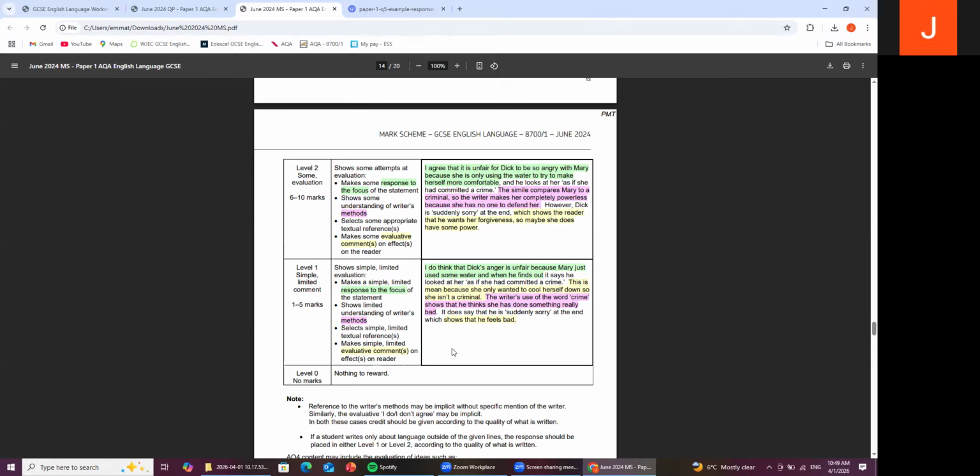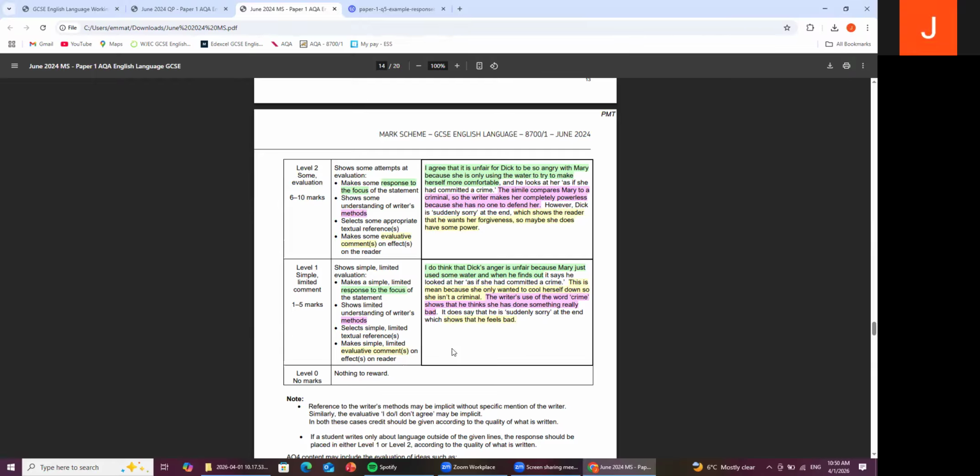So for a level 1 response, I will read: I do think that Dick's anger is unfair because Mary just used some water. And when he finds out, it says he looked at her as if she had committed a crime. So we've got a point and we've got some evidence. This is mean because she only wanted to cool herself down, so she isn't a criminal. So it's a fairly simple offer of analysis, but it's certainly nothing critical that we would consider as level 2 and beyond.